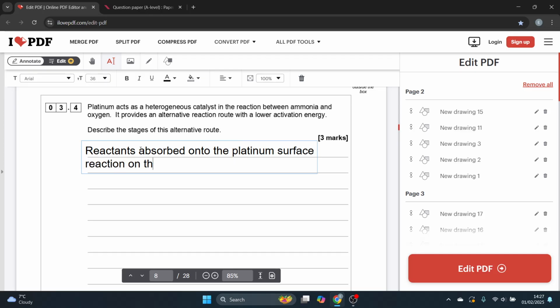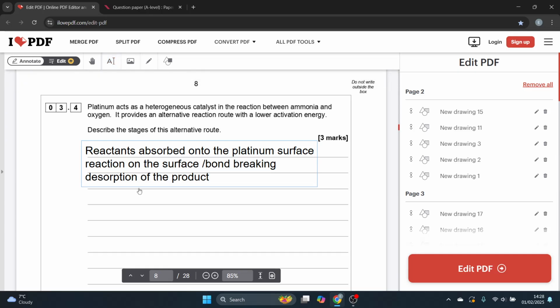Reaction on the surface, slash bond breaking, and then the desorption of the product.